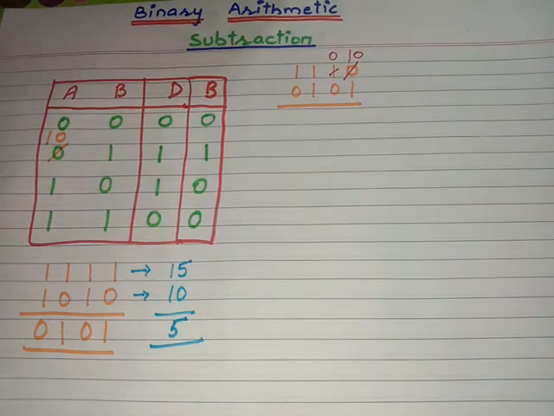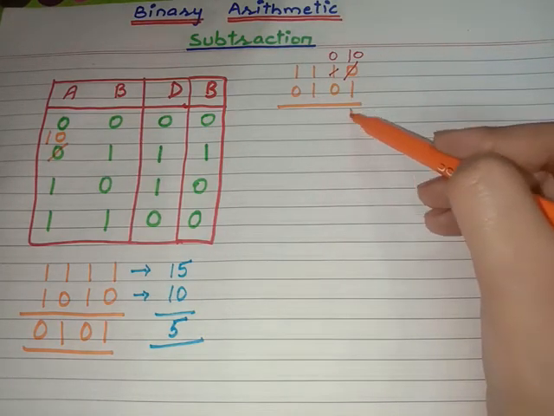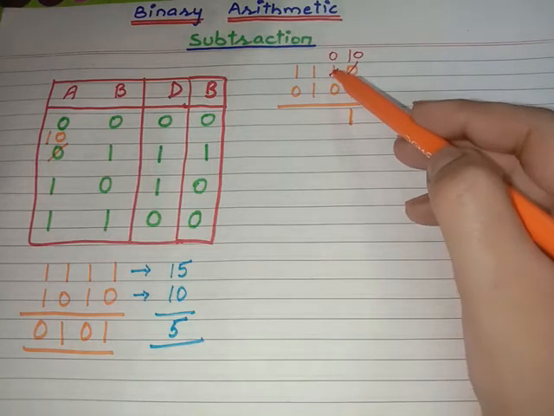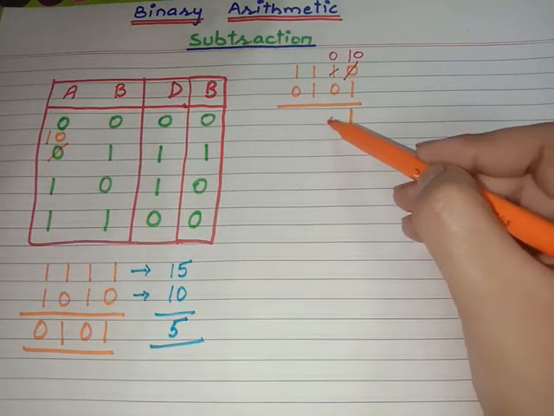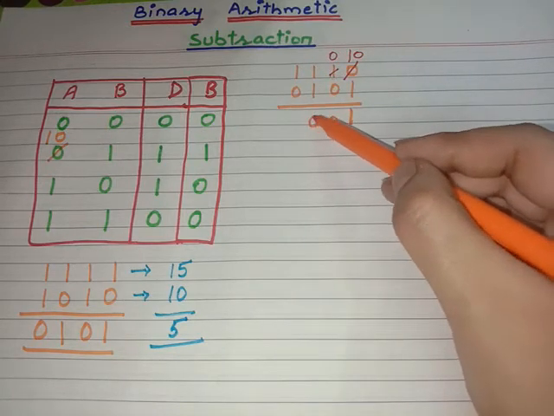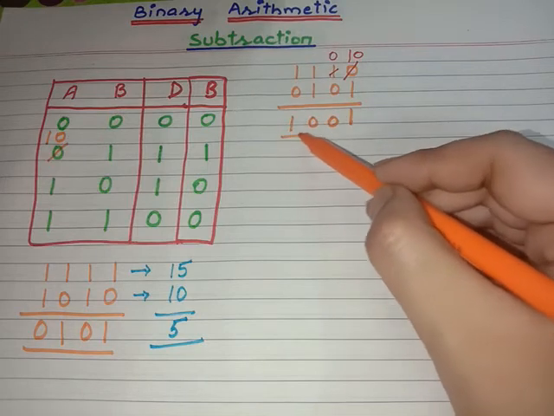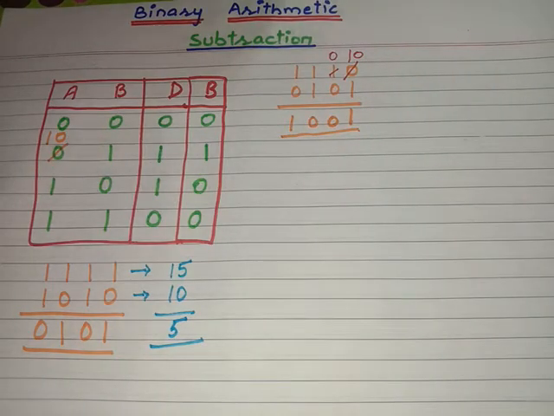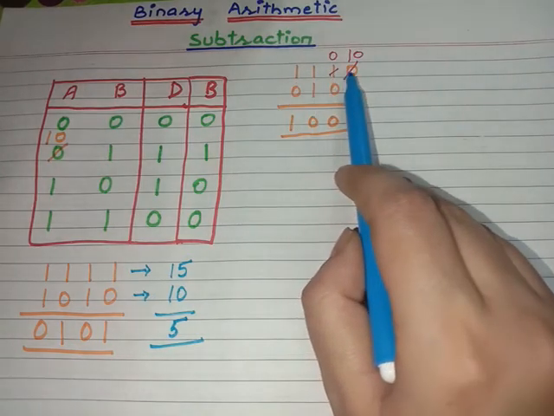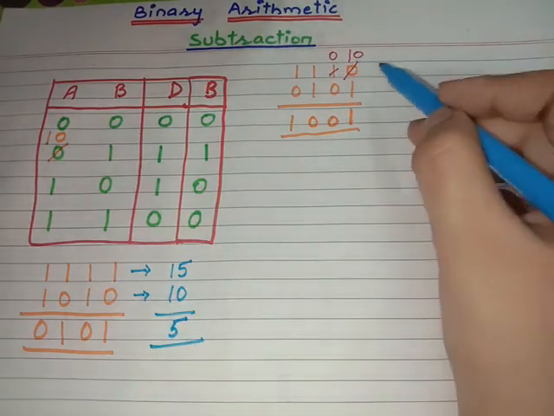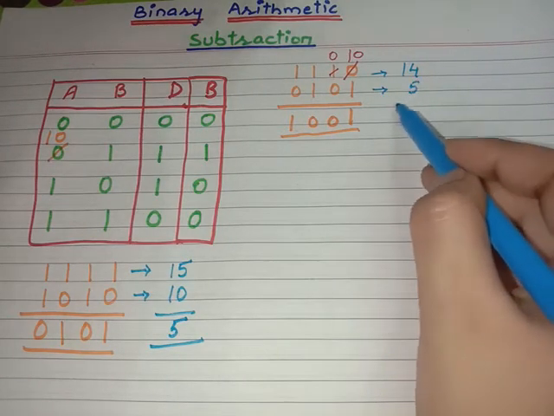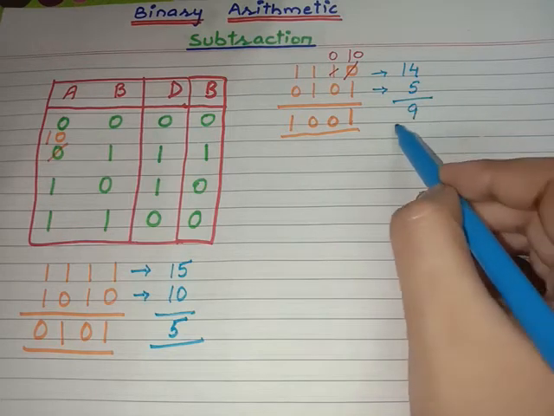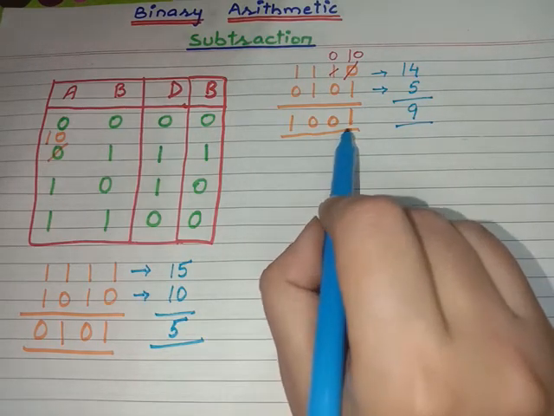So now 10 minus 1 will be 1. Now here we are considering 0 only, so 0 minus 0 is 0, 1 minus 1 is 0, and 1 minus 0 is 1. Now you can recheck the answer also. This 1110 is 14. This 0101 is 5, and 14 minus 5 is 9. You can check 1001 is also 9.